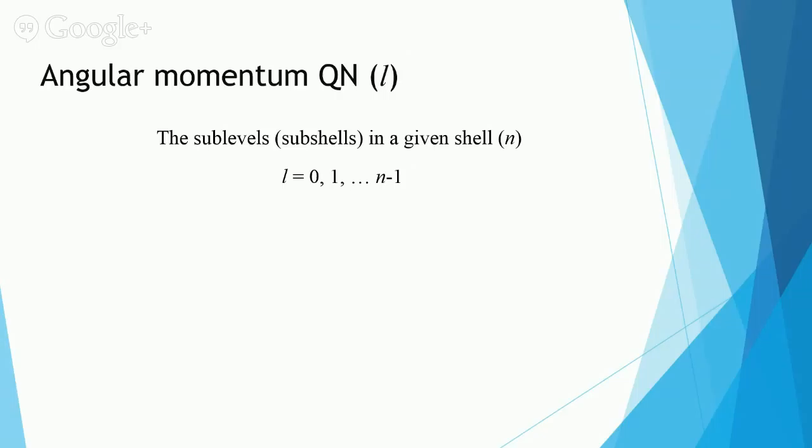Again, these numbers are used somehow in some equation. At this point, we don't care. What's important to us is how many values of L we get for this value of n, because the number of values of L you get equals the number of subshells in that shell.